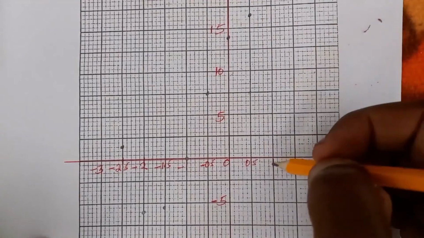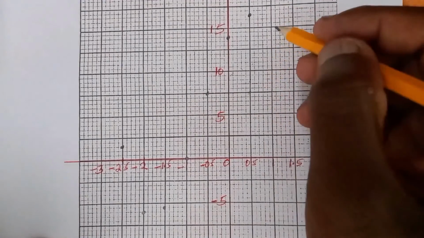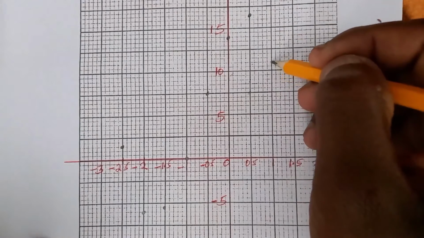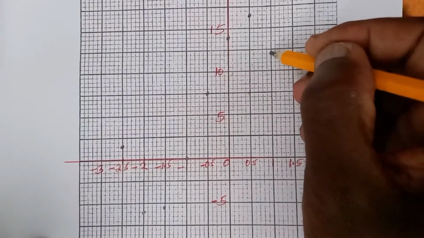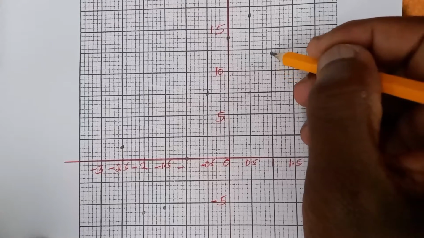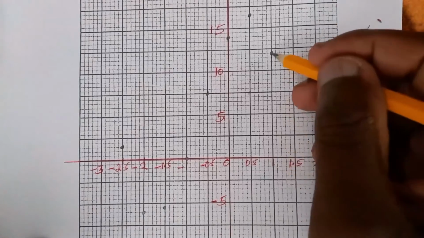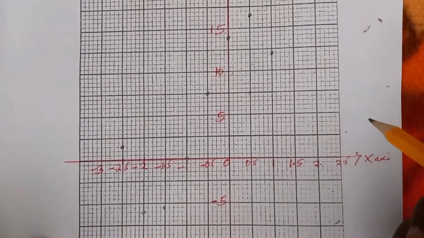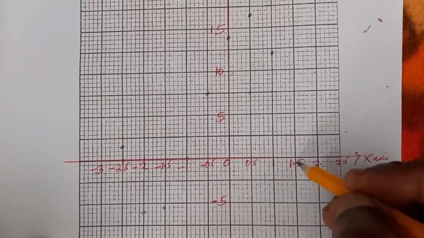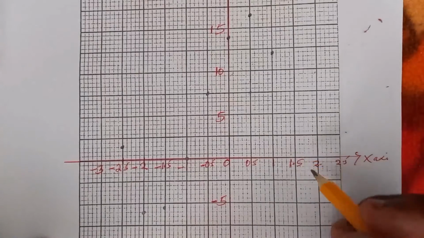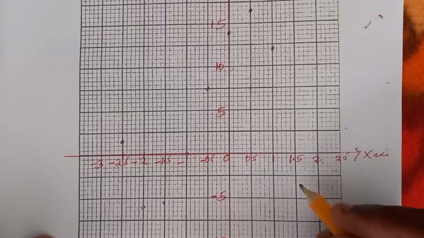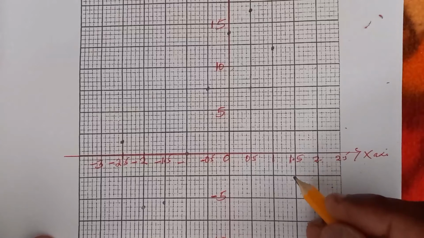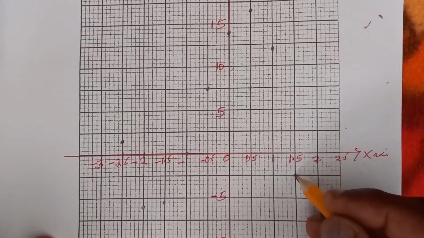Then 1, 12. So 10 is here, 11 is here, 12 is here. It's there. Then the last one, 1.5, negative 2.5. Negative 2.5 is here.